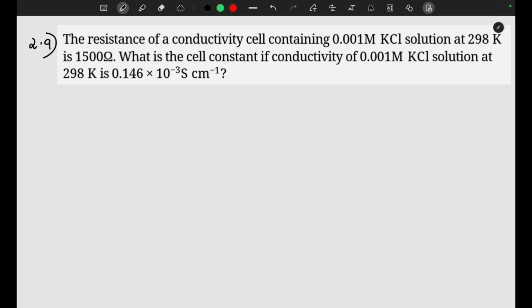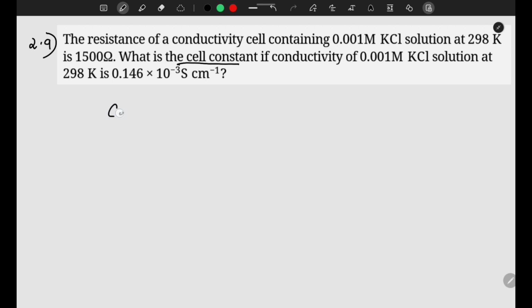The conductivity cell containing 0.001 molar KCl solution at 298 Kelvin has a resistance of 1500 ohm. What is the cell constant if the conductivity of 0.001 molar KCl solution at 298 Kelvin is 0.146 into 10 raised to minus 3 Siemens centimeter inverse? So first we have to calculate the cell constant.